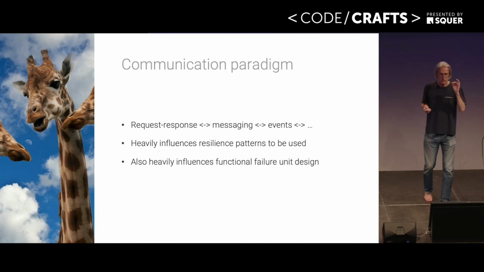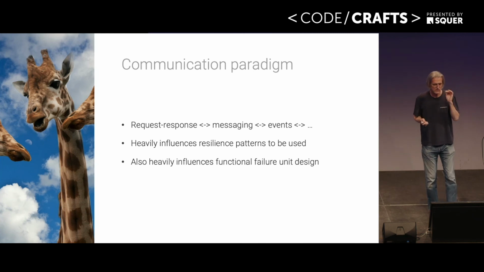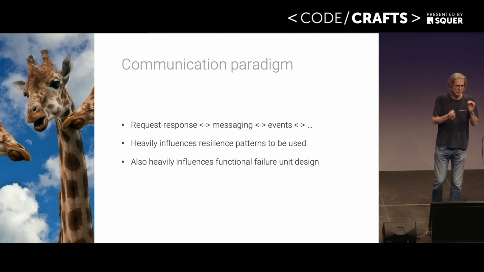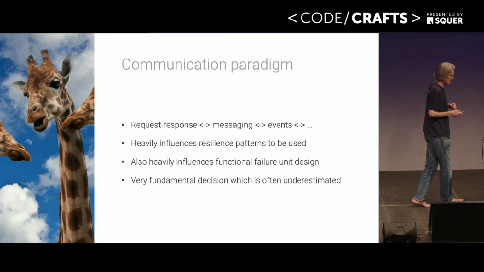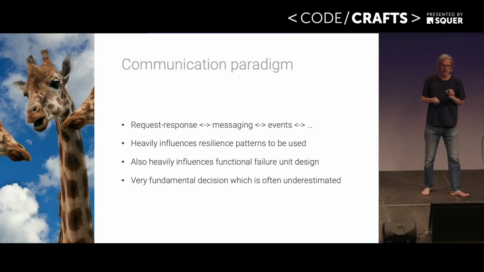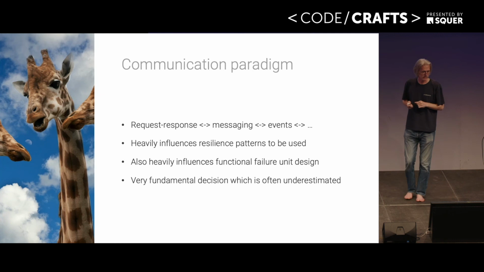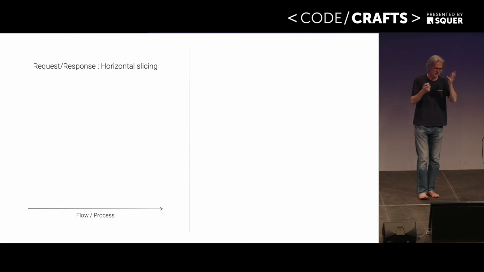But they also influence the functional failure unit design. What functionality do you put in where? And this is very often underestimated, how much it influences you. Just to give you an idea, let's take synchronous request-response, so REST calls, HTTP, and events on the other hand, with messages somewhere in between.